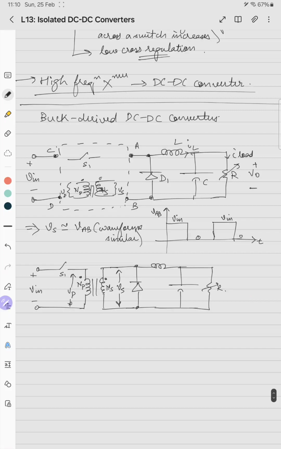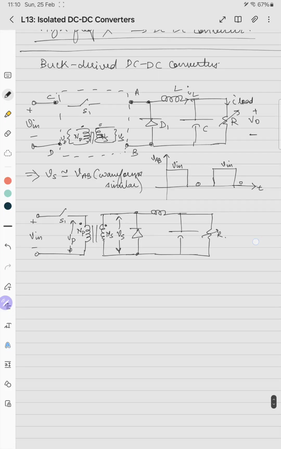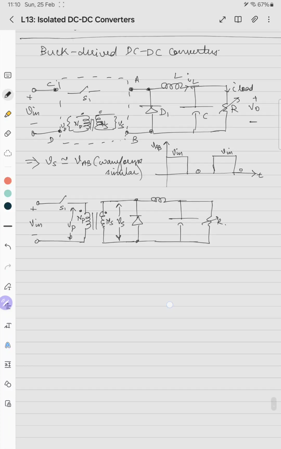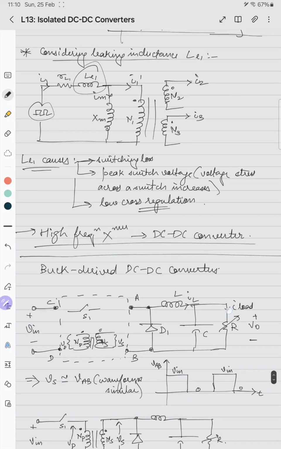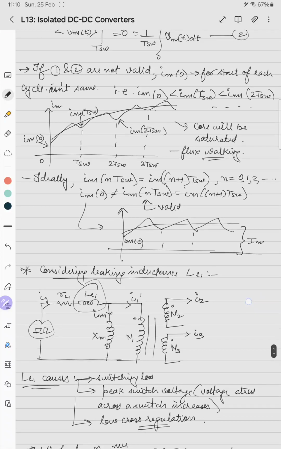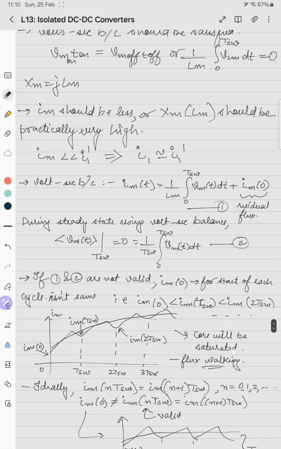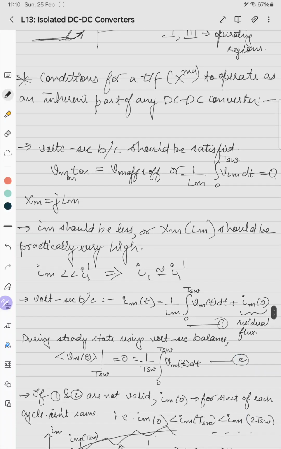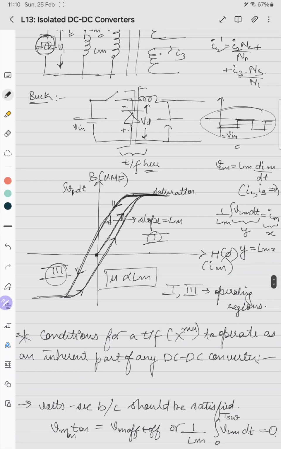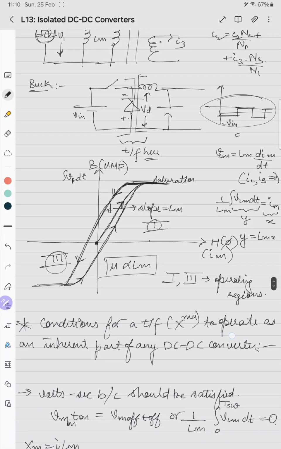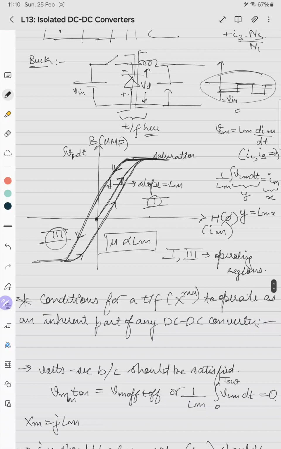However, there is a very big issue with this type of circuit connection. As we discussed in the last lecture, we saw the volt-second balance for the transformer using the BH curve. For the transformer to be an integral part of a DC-DC converter, the core has to be reset.